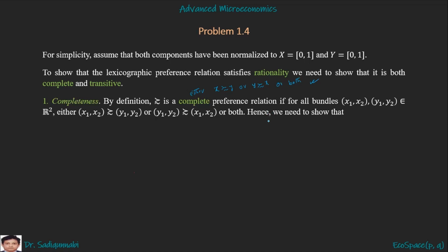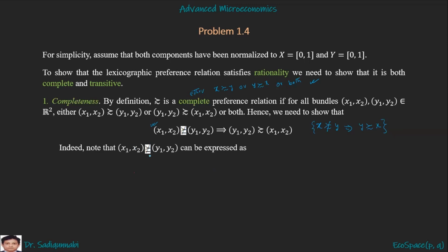In order to prove this, we need to show that if X is not weakly preferred to Y, this implies that Y is weakly preferred to X. If we can prove this, then we are done with completeness. So let's see.